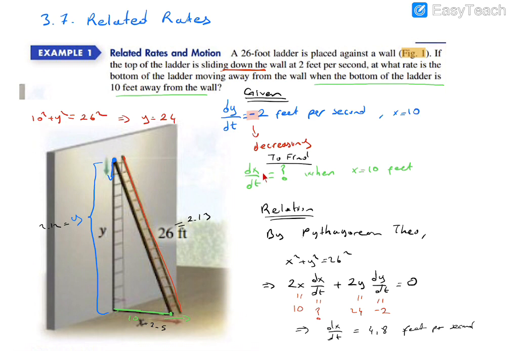Then you should write the relation by the Pythagorean theorem, similar triangles, or some known idea. Sometimes the relation is given in the question. By differentiating the relation, you should find the equation which includes all rates and, of course, the variables. By using the known values, according to your aim, you can calculate the needed value.